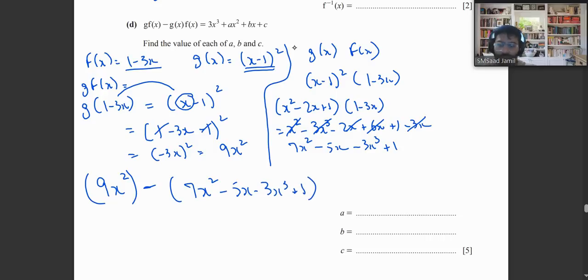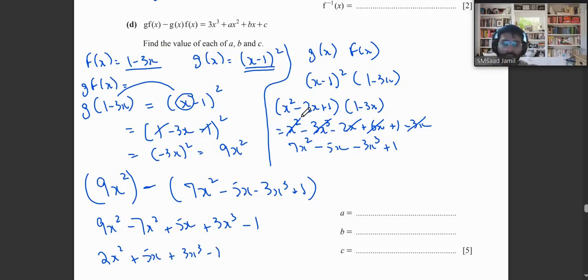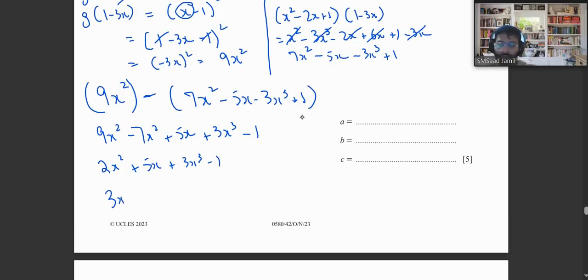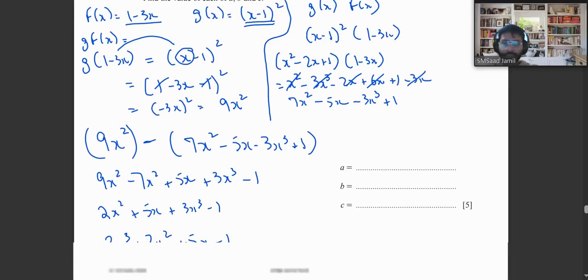So this becomes 9x square minus 7x square plus 5x plus 3x cube minus 1. So 9x square minus 7x square is actually 2x square plus 5x plus 3x cube minus 1. Now I will arrange it in order: 3x cube plus 2x square plus 5x minus 1.